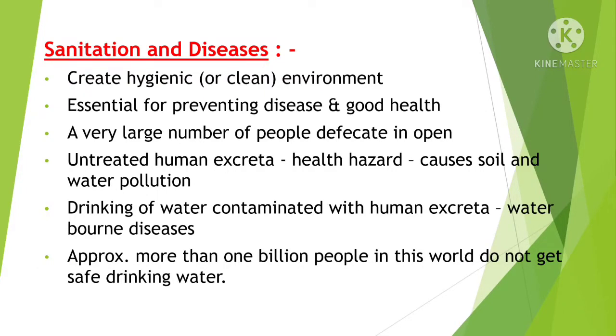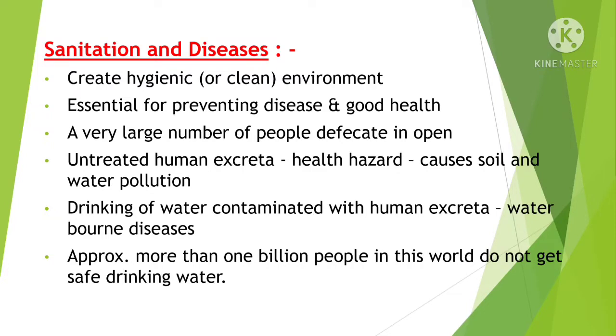Like in chapter 16, we read that the groundwater is drawn out through wells, tube wells, and hand pumps. Now drinking water that is contaminated or polluted with untreated human excreta becomes the most common way for the spreading of waterborne diseases.